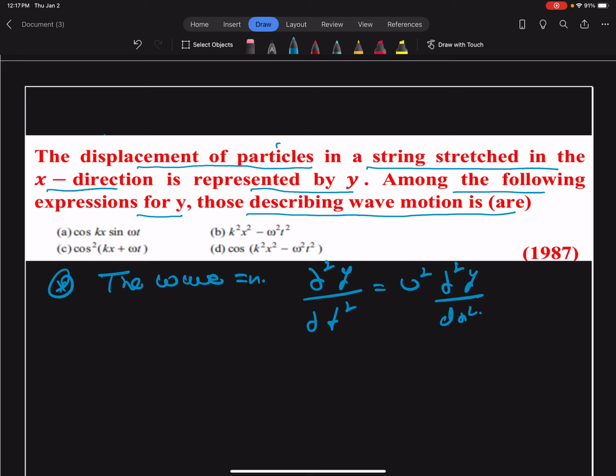Mind it, it is a double differentiation in the form of the partial derivative. So whichever equations satisfy this relationship, those will be describing the wave motion.